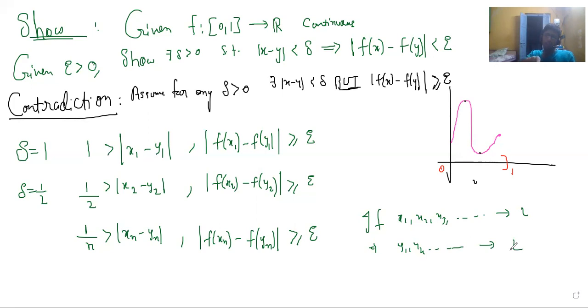So from here, can anybody complete? If we assume that the xi's go to L, then obviously because of the limit, the y's have to also go to L, right? You can let n tend to infinity.